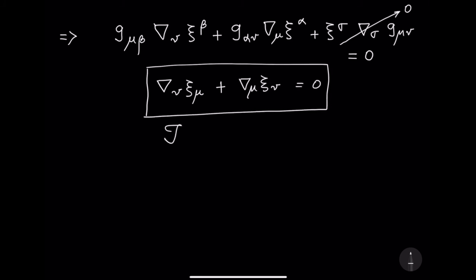This equation has a name. It's called Killing equation. And these vectors are called Killing vectors.